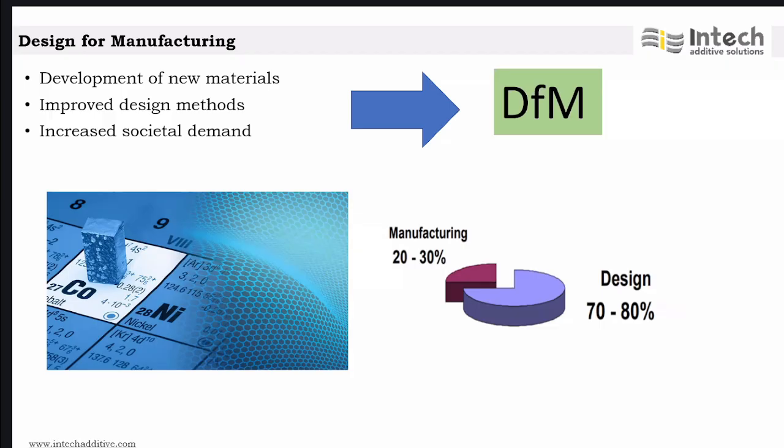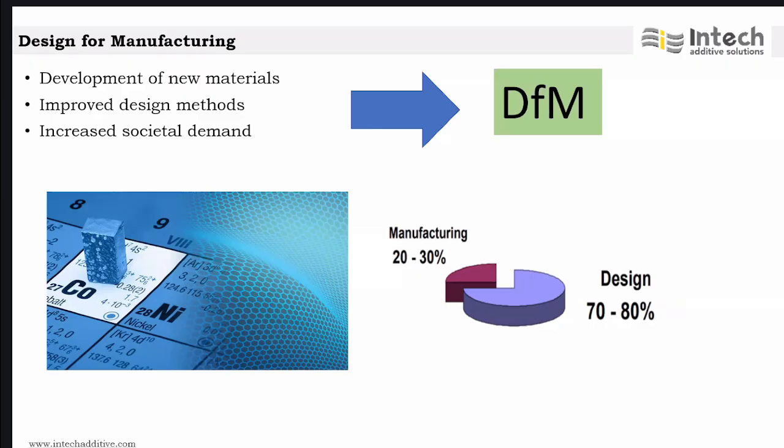And then improved design methods is about going in for CAD designs, or some advanced design methodologies like topology optimization, weight reduction, and latticing. These software tools help us design the part in a smarter and faster way.